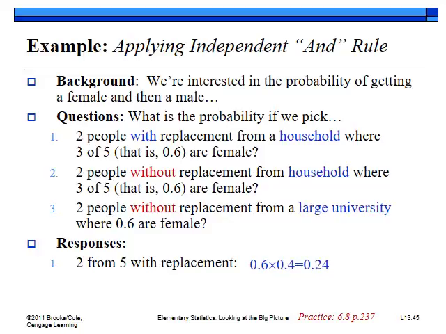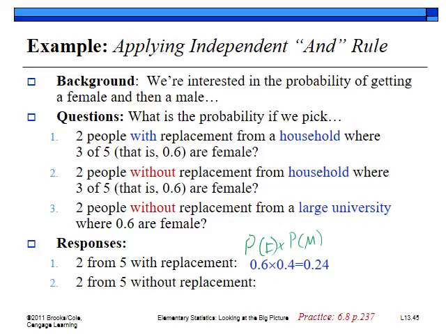Because these are independent, we simply multiply the probabilities. The probability of a female is 0.6. And the probability of a male is 0.4. The probability is therefore 0.24.